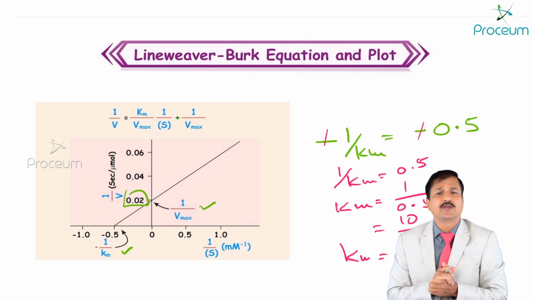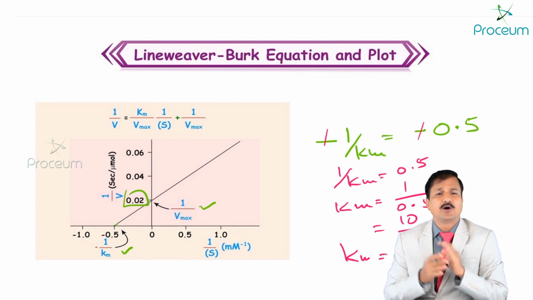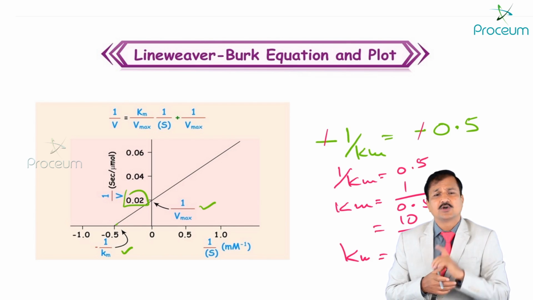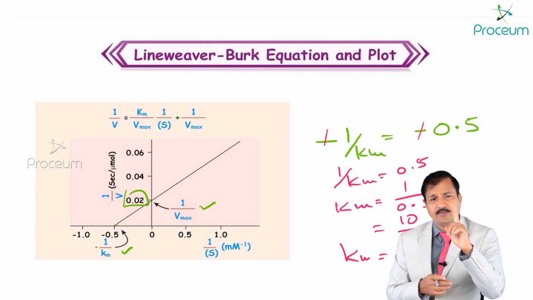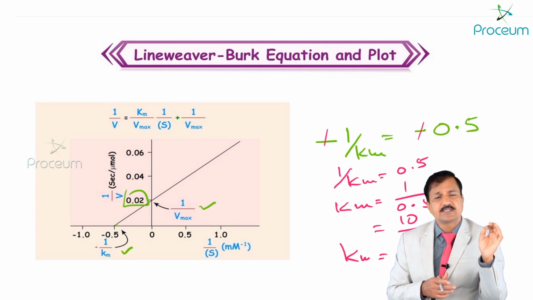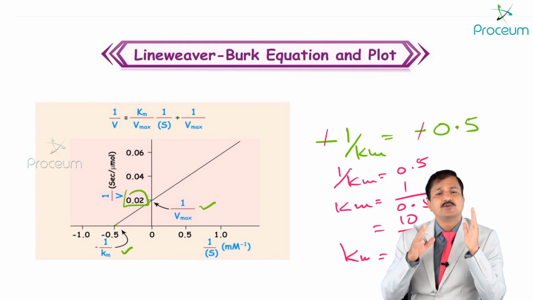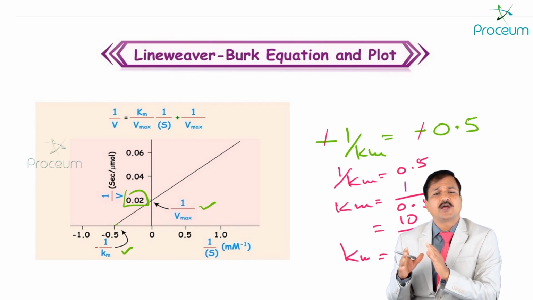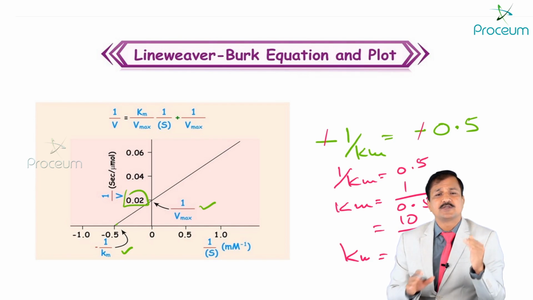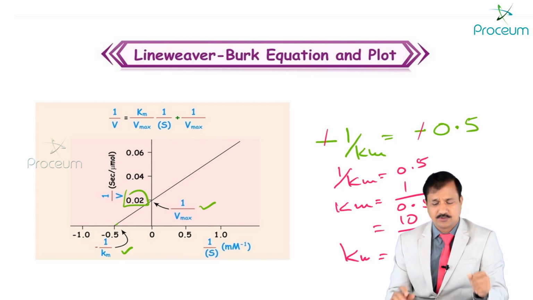That's why you need to know thoroughly how to read the Lineweaver-Burk plot. Wherever the point meets on the y-axis, it is 1 over Vmax, not just Vmax. And the point that meets on the x-axis is minus 1 over Km, not just Km. Using that, you need to find out Vmax and Km. It's simple math that we need to do.